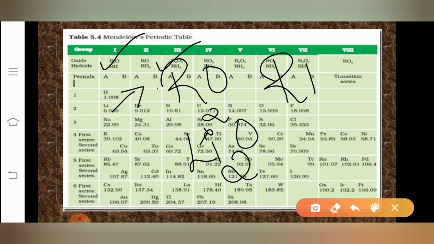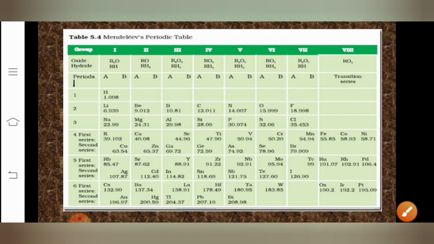Then RH means it is LiH. It is LiH. Correct? So this is how he reacted the elements, and he clubbed the elements based on the reactions which were found in similar groups. Clear?